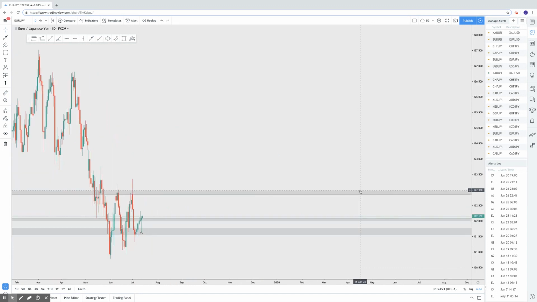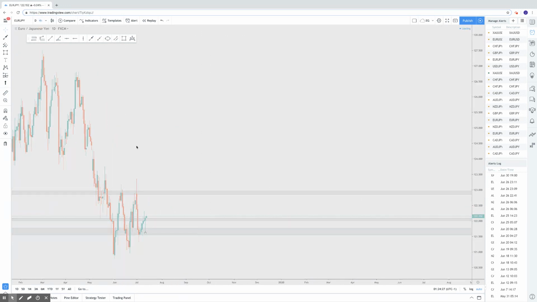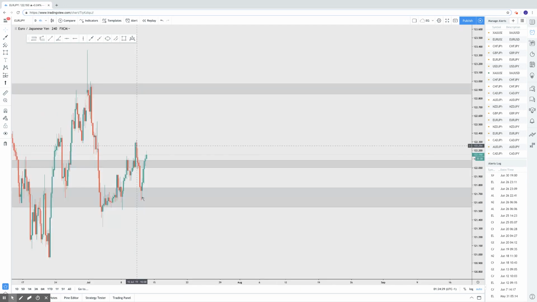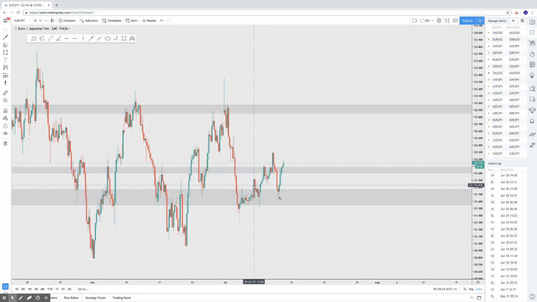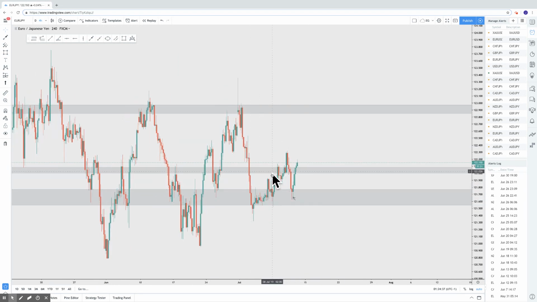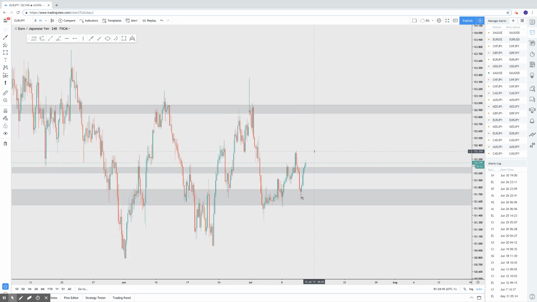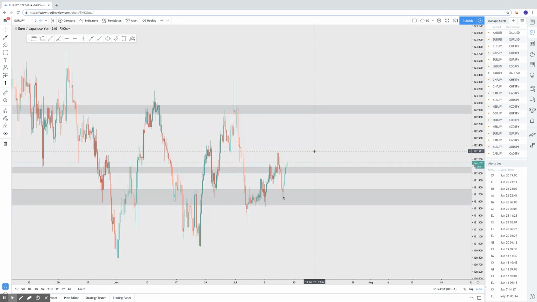However, to continue on with the video and what I normally would do, let's go back to the 4 hour. So we want to see a break of a zone. So lately, and I'm talking in the last 24 hours, we've been on a small uptrend, okay? So if you are someone who doesn't mind trading against the trend, and that's fine, you totally can do that.